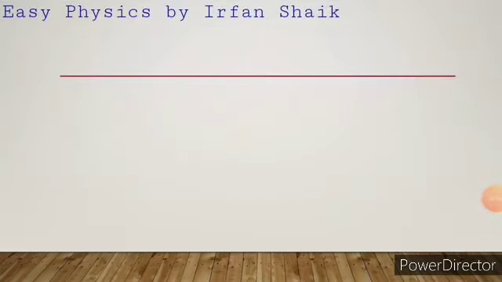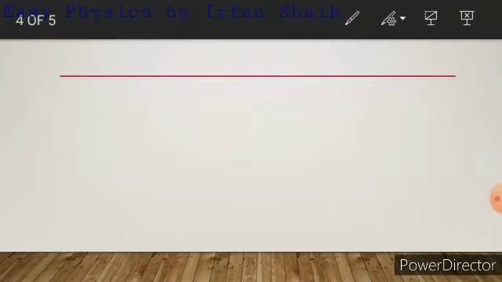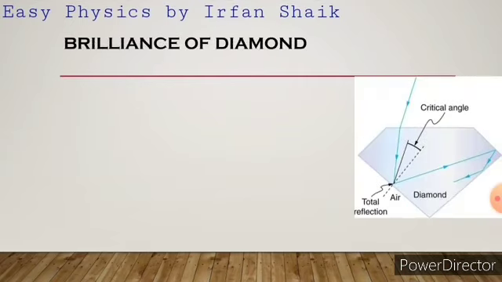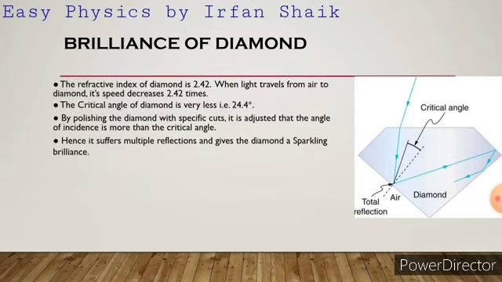So next we discuss about the brilliance of diamond. See, here you can observe how the total internal reflection takes place in a diamond. The refractive index of a diamond is 2.42.